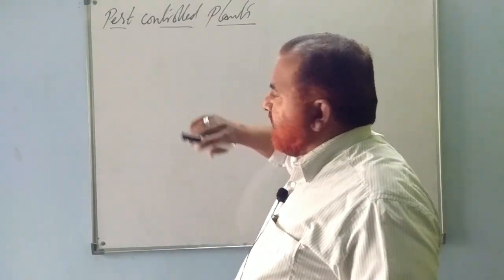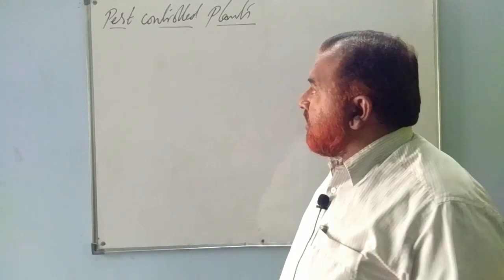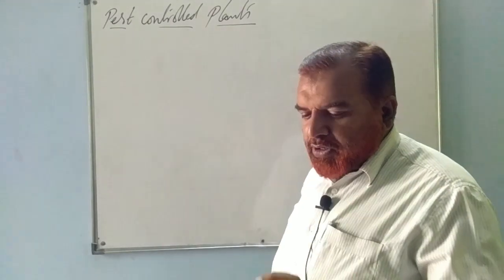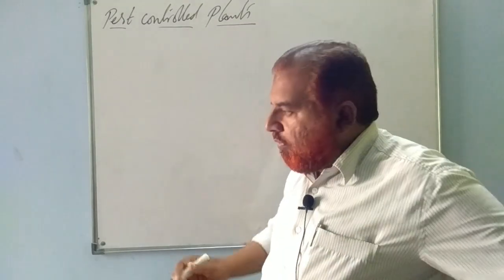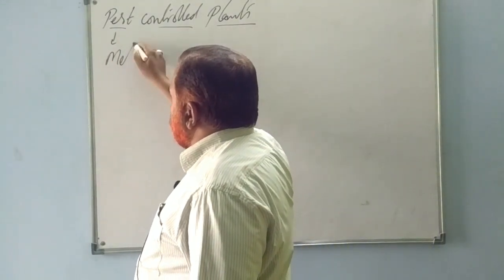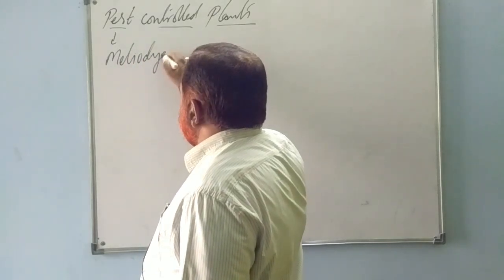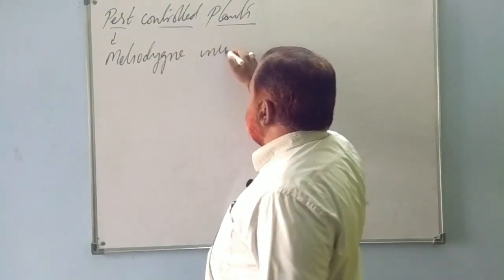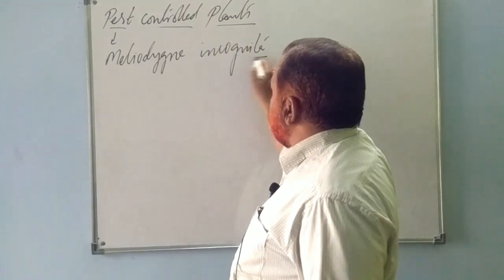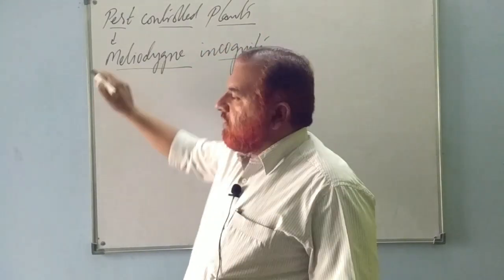Now in transgenic plants, the next is pest controlled plants. Before we go into the topic, I will give you two small topics as an introduction. One pest is known as Nematode incognita. I will give an introduction to this pest.